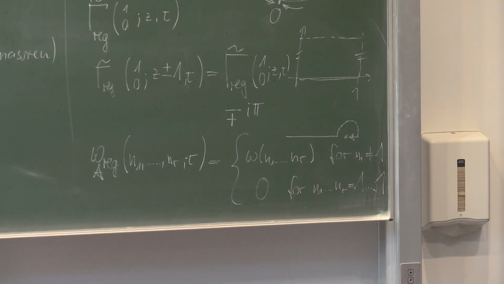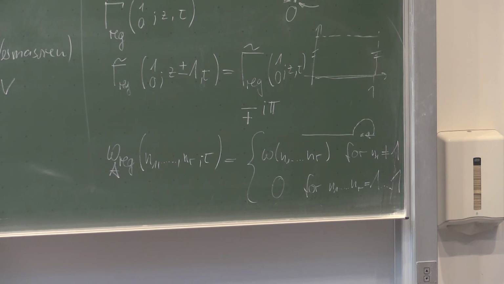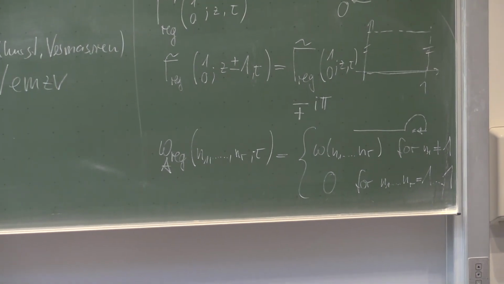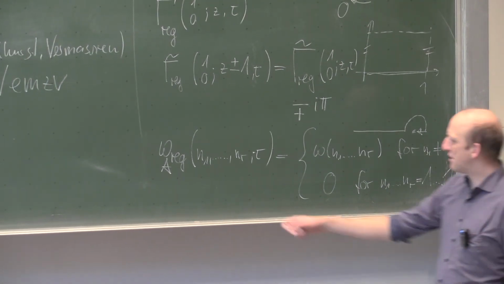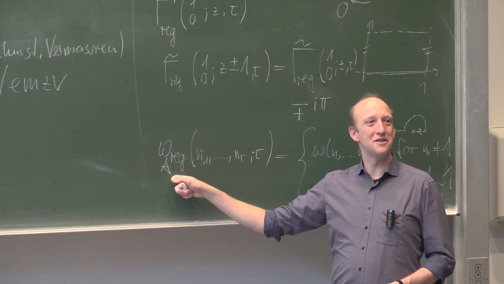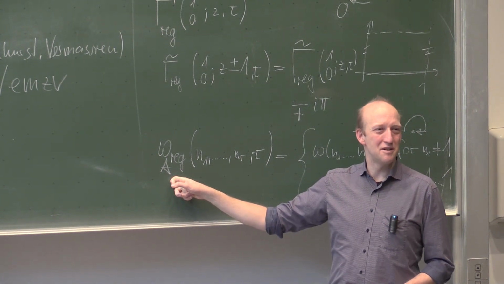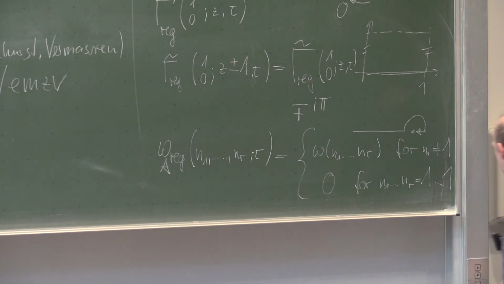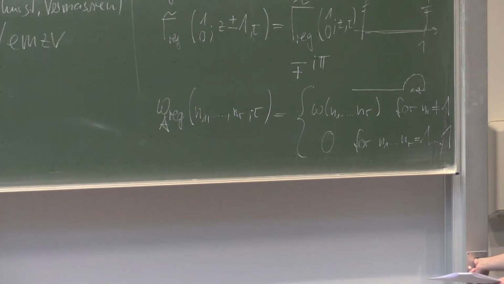And all other cases can be taken care of by shuffling. And from now on, I will only talk about the regulated version of these elliptic multiple zeta values in the same way as I did for the genus 0 situation.